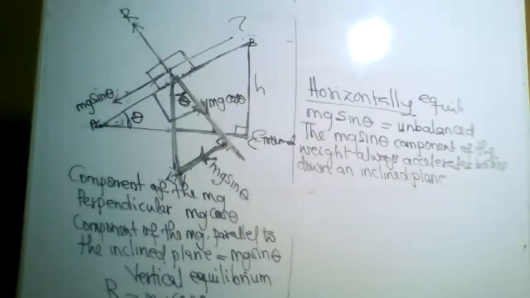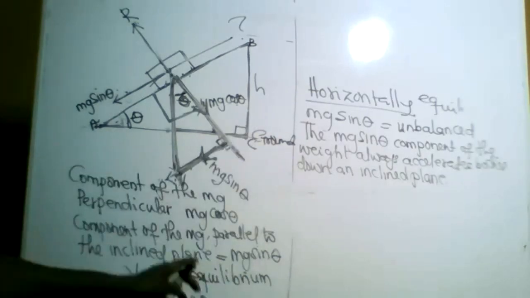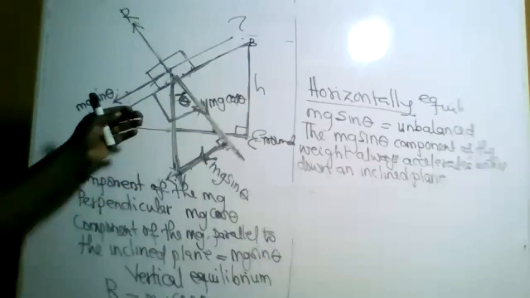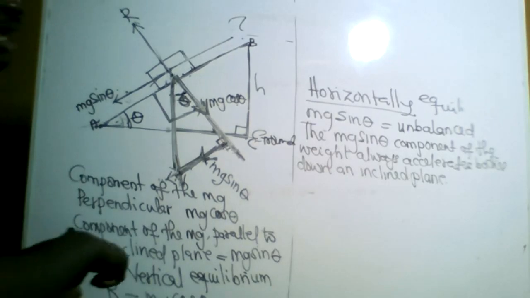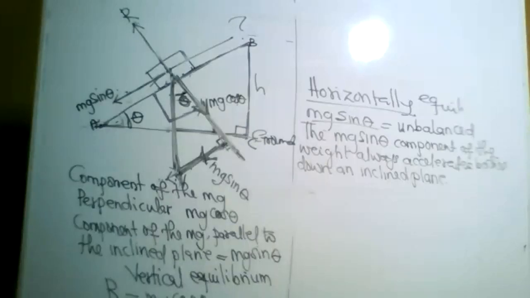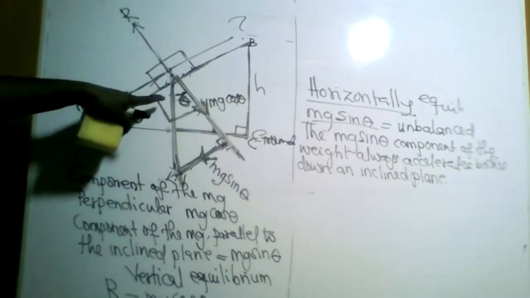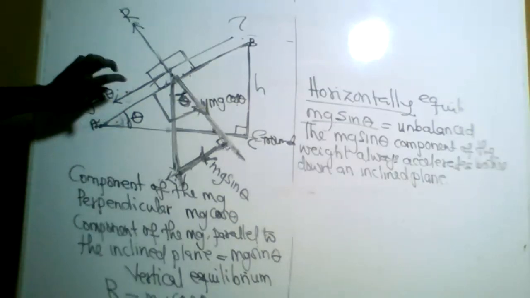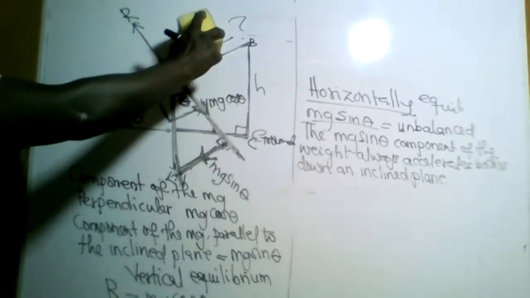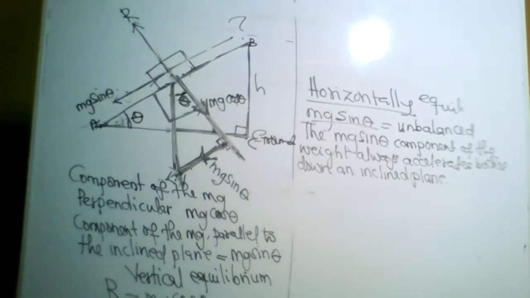Sir, force of gravity. I gave you the force which accelerates a body down the plane. The force which accelerates a body down an inclined plane is mg sine theta. It is the component of the weight which is parallel to the inclined plane. This is what causes bodies to go down an inclined plane.